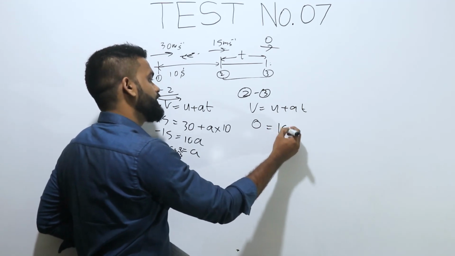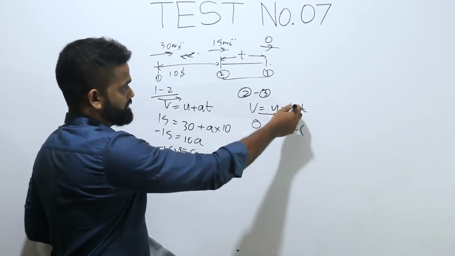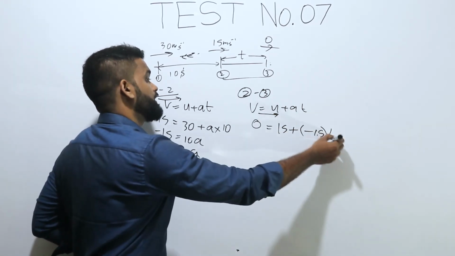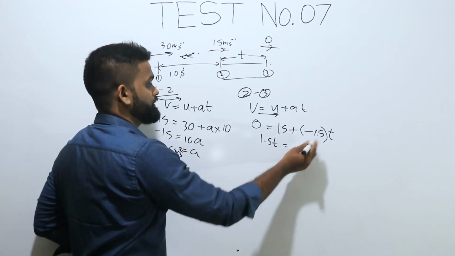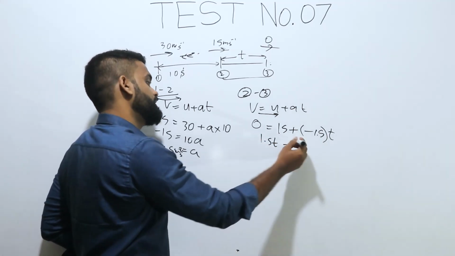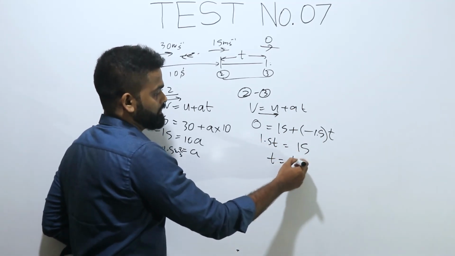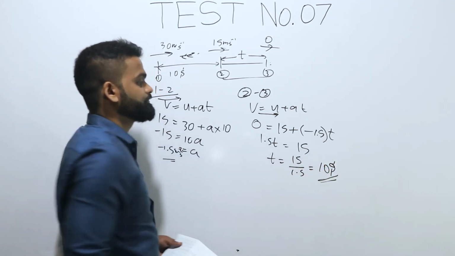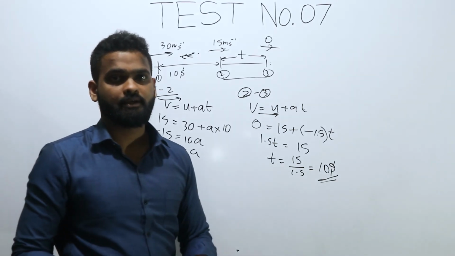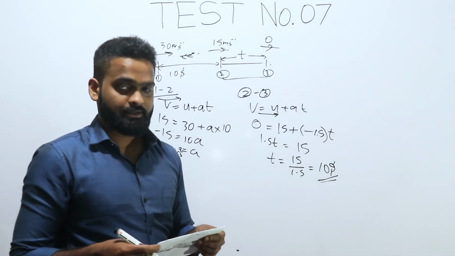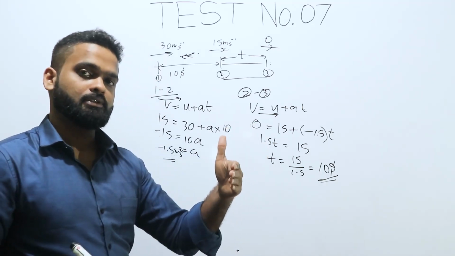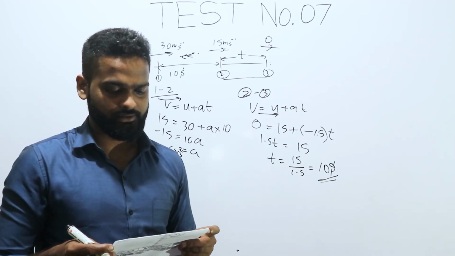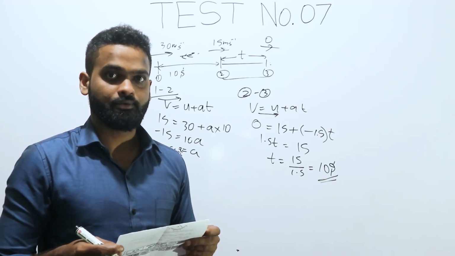Initial here is 15 plus a, but this a is a minus, it is a deceleration, minus 1.5, then time t. 1.5 t, take this term to this side, 1.5 t equals 15. And t equals 15 over 1.5, which should be 10 seconds. So the time should be 10 seconds. After the car moves another 10 seconds, it stops. So the answer for that should be the second one for the fifth question.